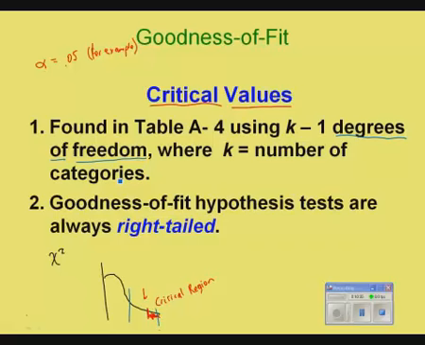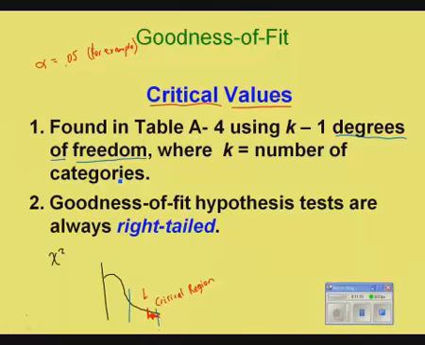But just as we had when we did, say, the student t-test, you have different shape distribution depending on your number of degrees of freedom. And last time it was n minus 1, right? Well, here we're going to use k minus 1 degrees of freedom. Now, what was k again? Number of categories. So I have to show you the example so you see what categories are.